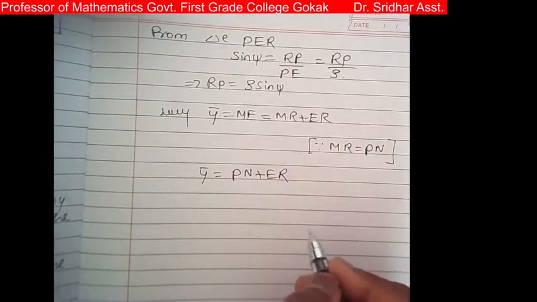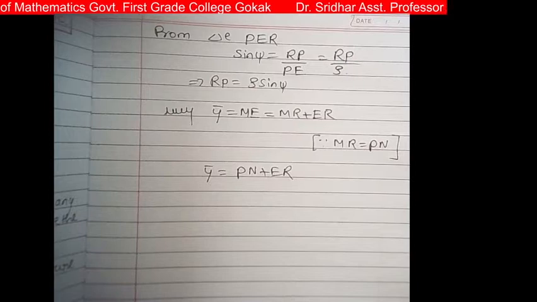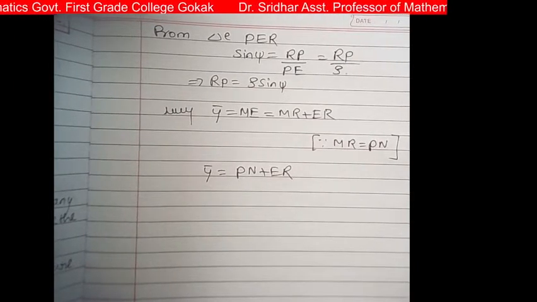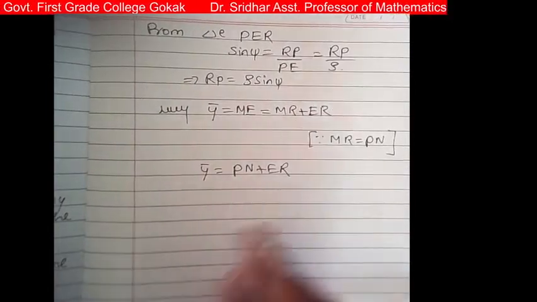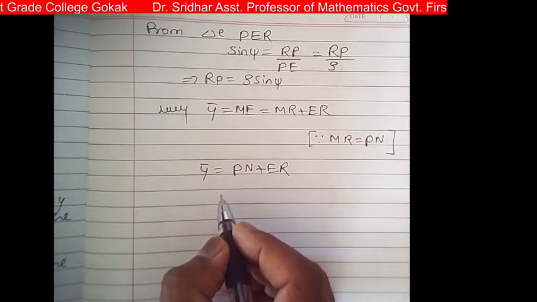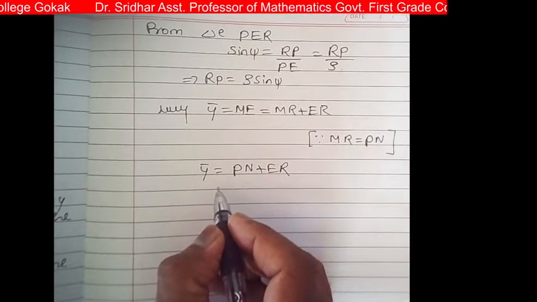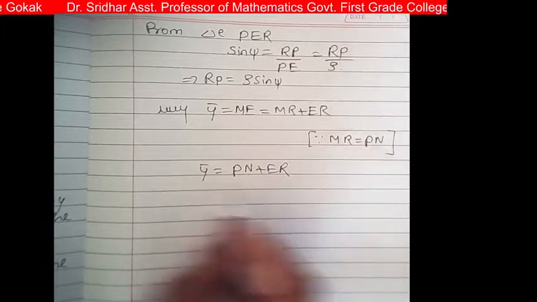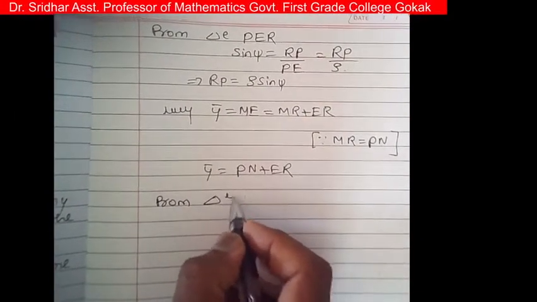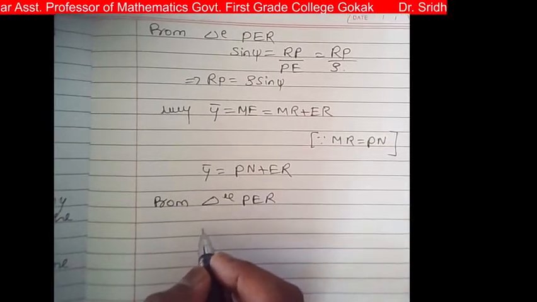plus MR means PN plus... okay, so now this is equal to, which is equal to, from the figure again, from triangle PER, again take the same triangle.